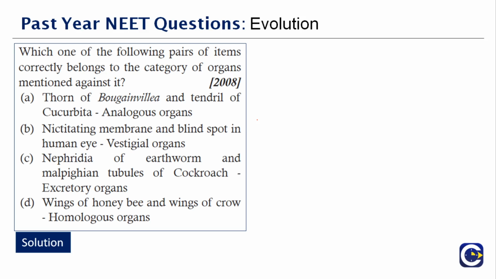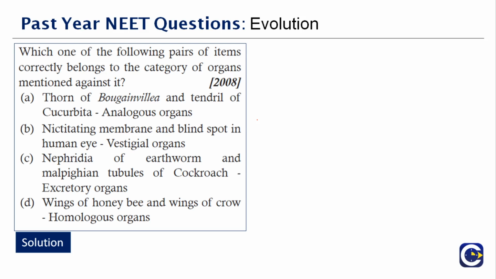Nephridia of earthworm and Malpighian tubules of cockroach are excretory organs. Yeah, that is right. Earthworm has a well-developed excretory system which is composed of a large number of minute, coiled, glandular, segmentally arranged excretory tubules, which are called nephridia.